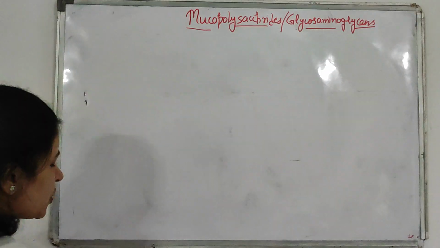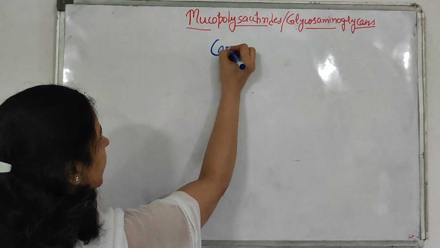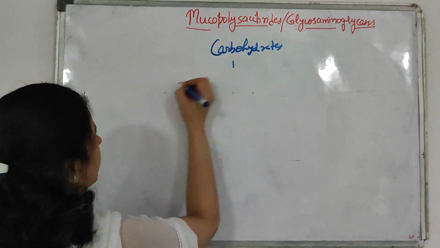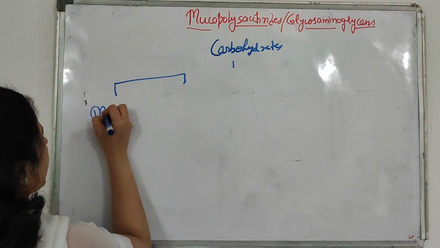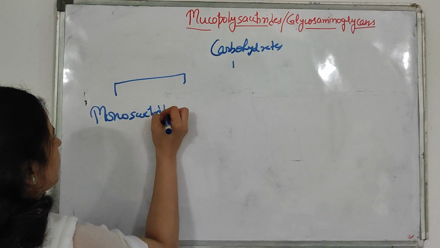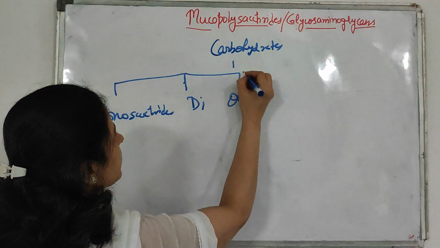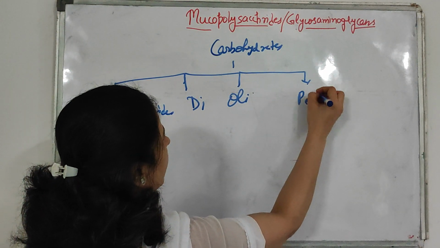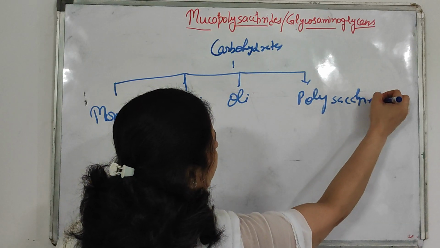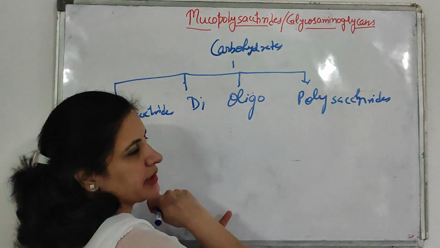As you know, the carbohydrates are classified into monosaccharides, then disaccharides, then oligosaccharides, and then polysaccharides. As you know from the classification of carbohydrates, mono, di, oligo and polysaccharides.